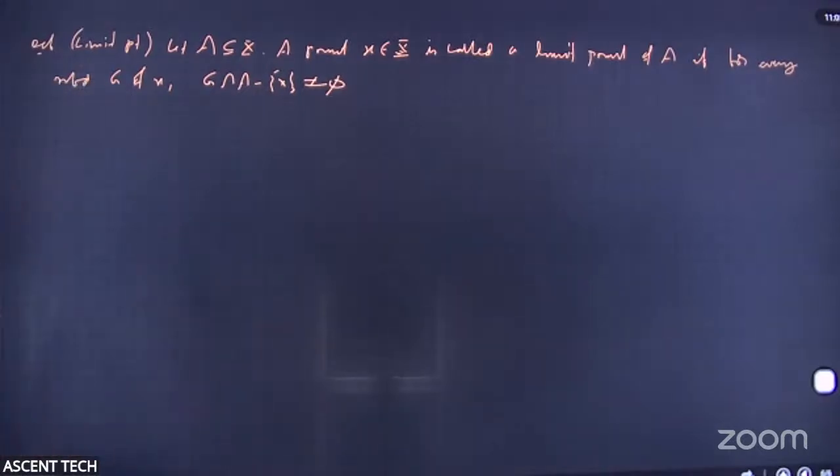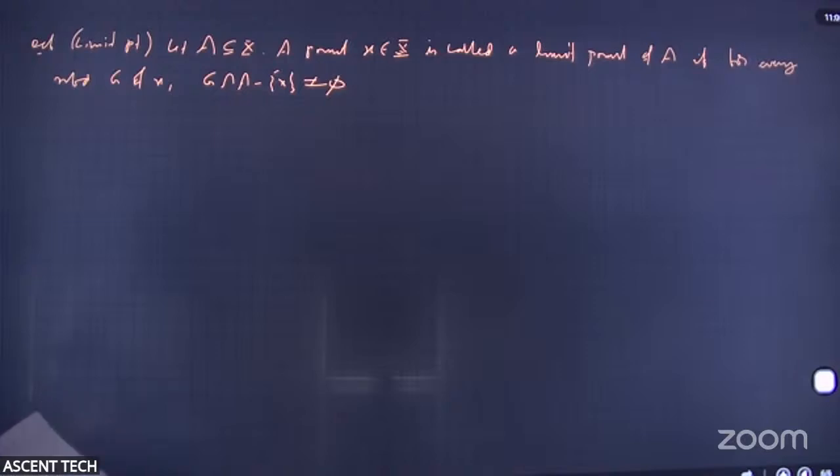We did talk about all these things when we did complex analysis, but in this course also I'll give you plenty of examples. So for every neighborhood G of X, G intersection A minus singleton X is non-empty. That is when I say that X is a limit point of A.